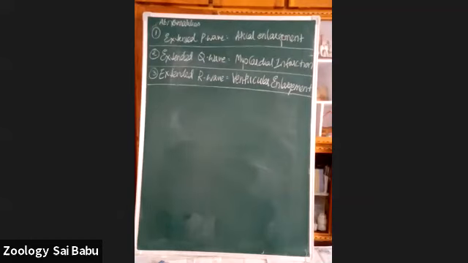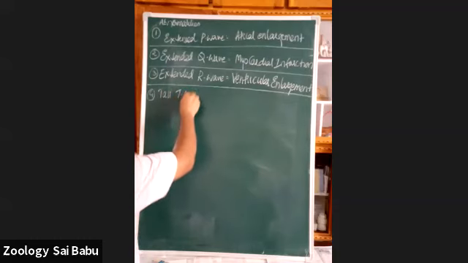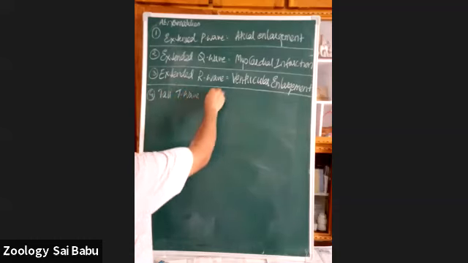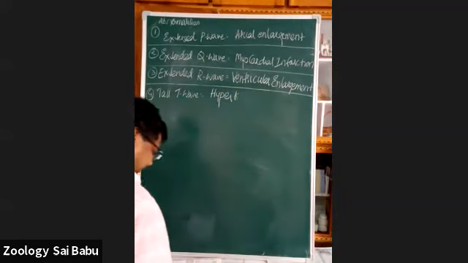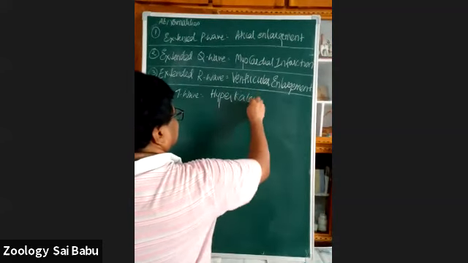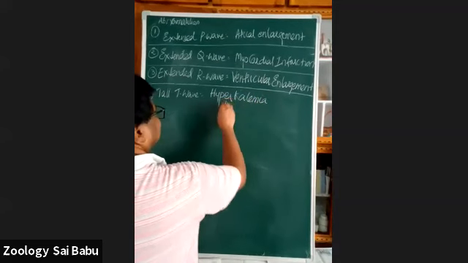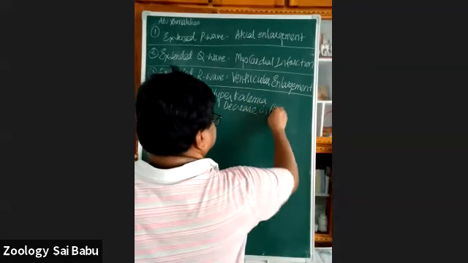Next, the tall T wave indicates hyperkalemia, and there is a decrease in the heartbeat rate.